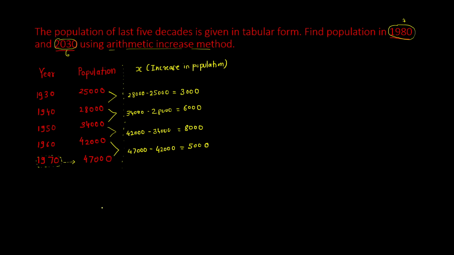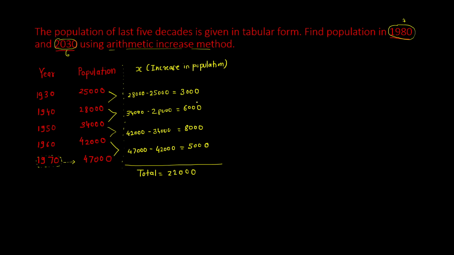Now what we have to find is the total of this increase in population. If we find the total value, it will be 3 plus 6 is 9, 9 plus 8 is 17, plus 5 is 22, that is 22,000. So the total increase in population is 22,000.